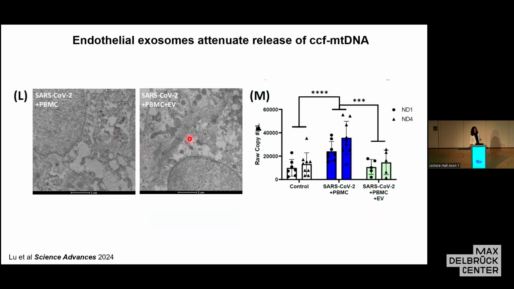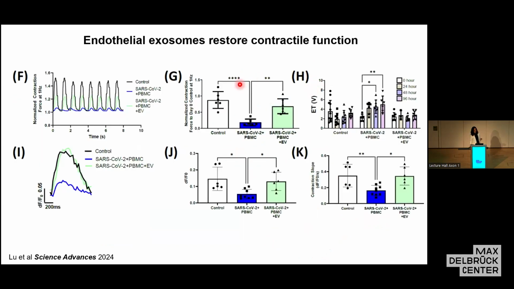And as a result of that, there is a lot less secretion of free mitochondrial DNA. You can see that in this group treated with EVs, we do see some mitochondria at the same time point present.